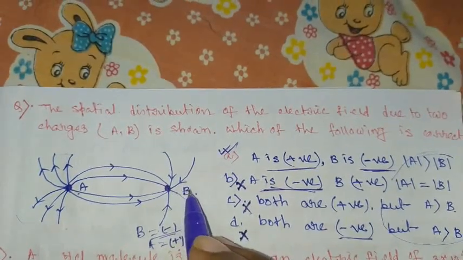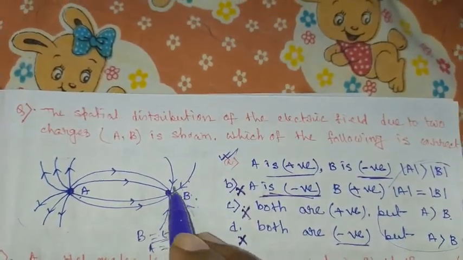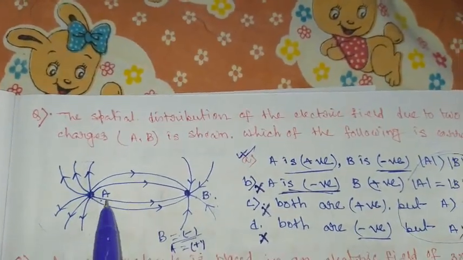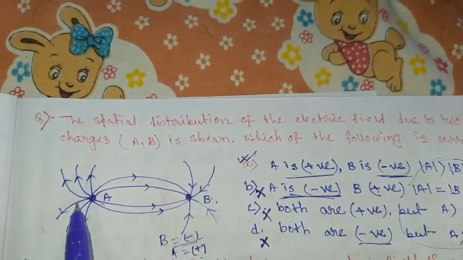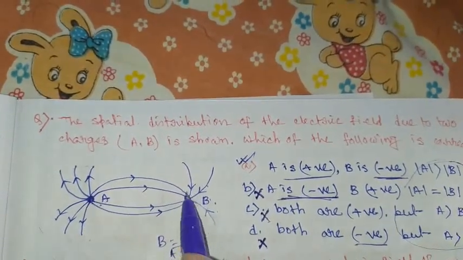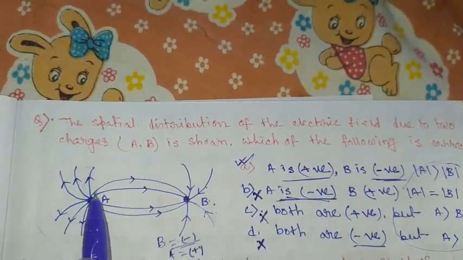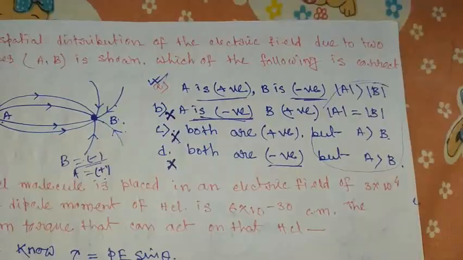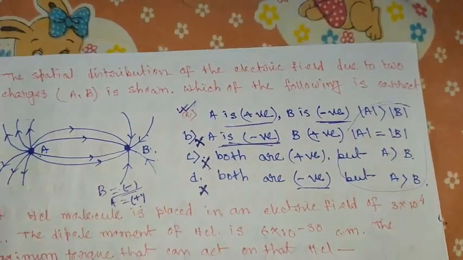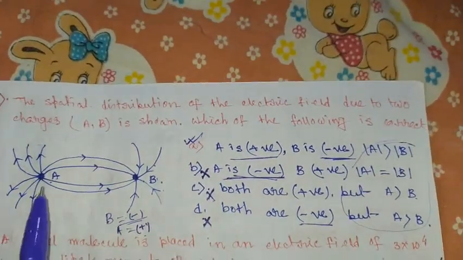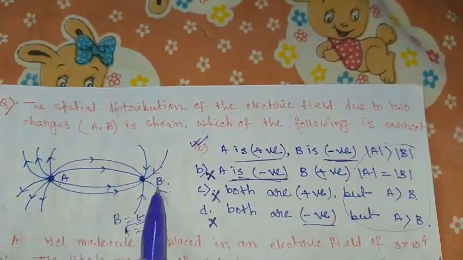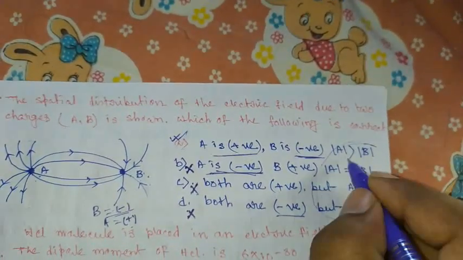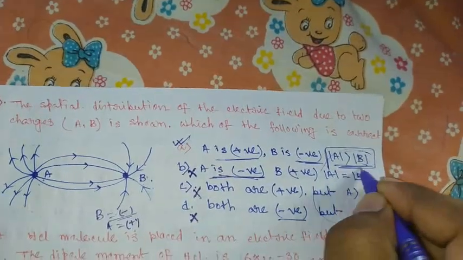You can see from the figure that the density of flux lines at B is smaller than the density of flux lines from charge A. So by this property we can say the magnitude of charge A is greater than the magnitude of charge B. So it is also correct.